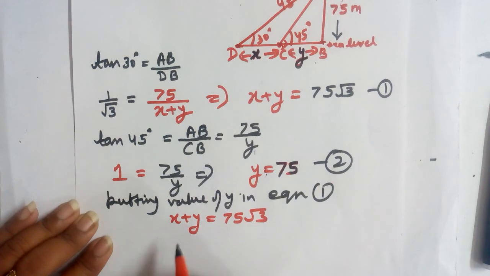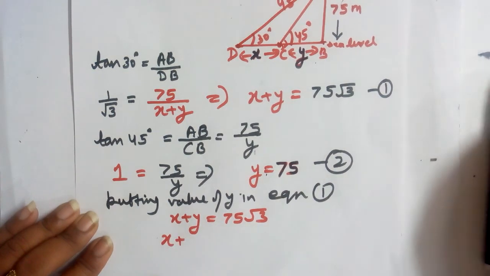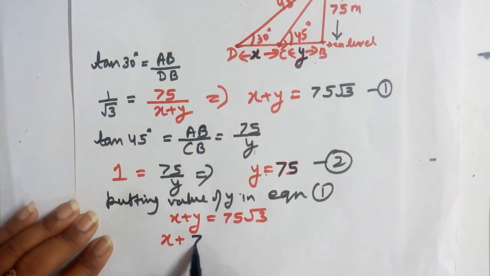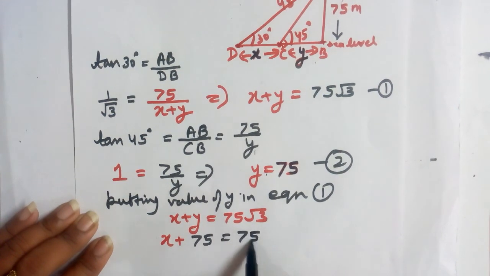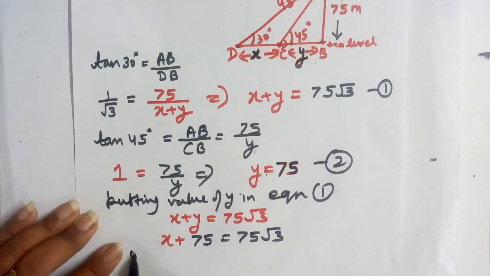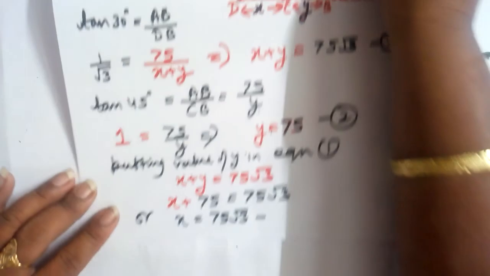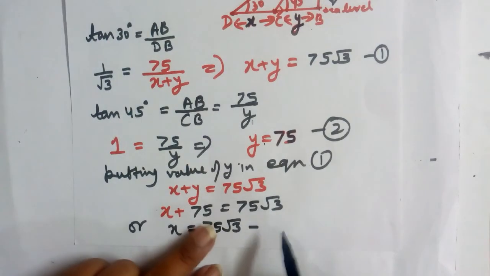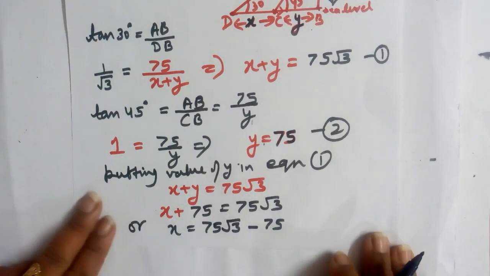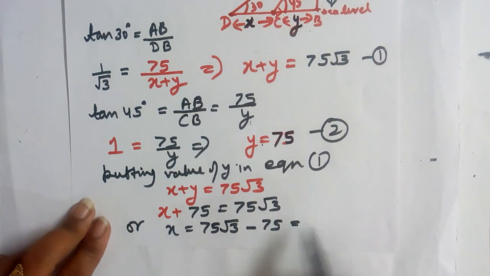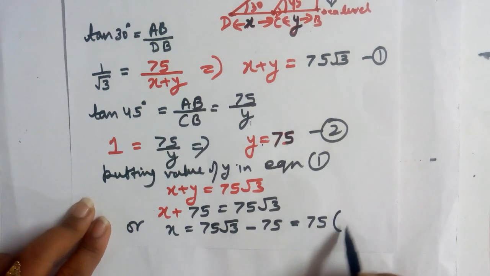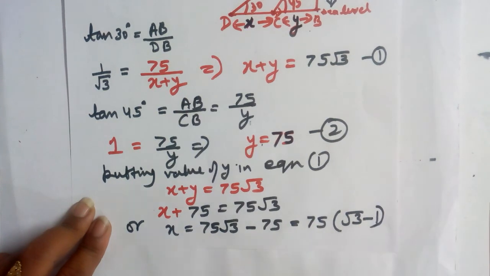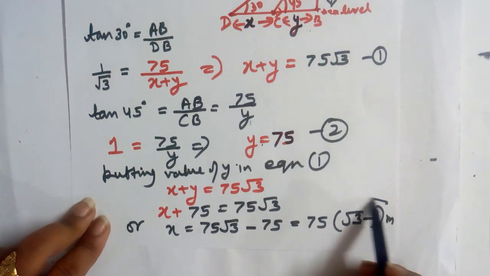By putting the value, X plus 75 is equal to 75 root 3, or X is equal to 75 root 3 minus 75. We can take 75 common and get 75 times root 3 minus 1 meters.